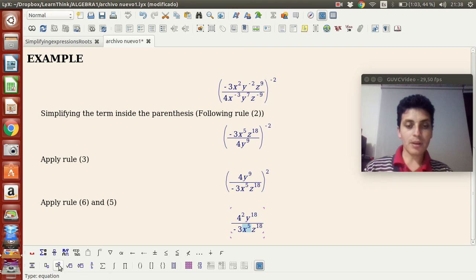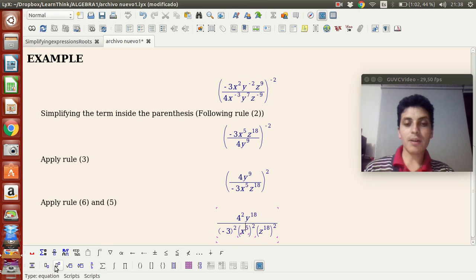Now here I have 3. So it will be negative 3 to the second power, x to the 5th power raised to the second power, and z to the 18th power raised to the second power.